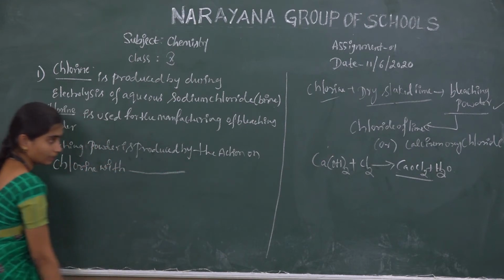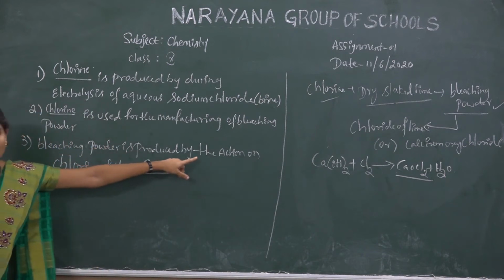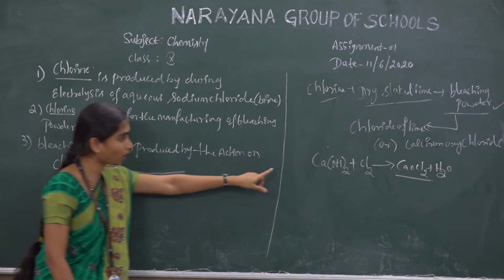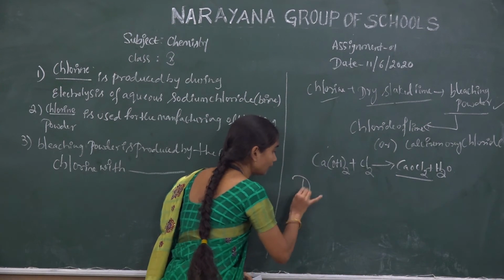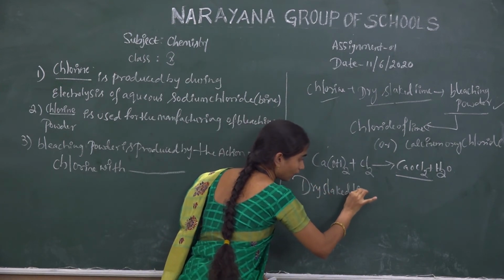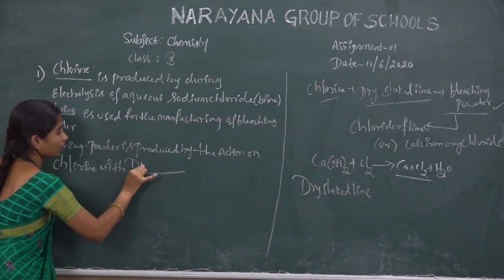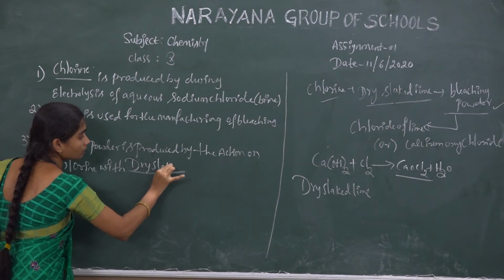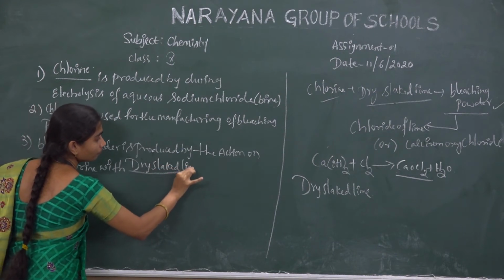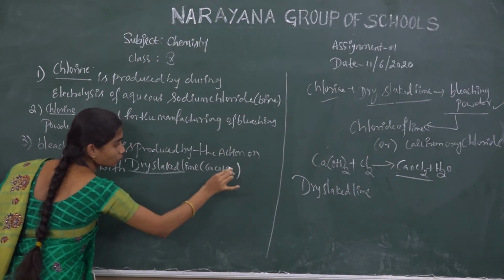Here the bleaching powder is produced by the action of chlorine with what? Dry slaked lime. So what is the answer, children? Dry slaked lime, which is nothing but Ca(OH)2.